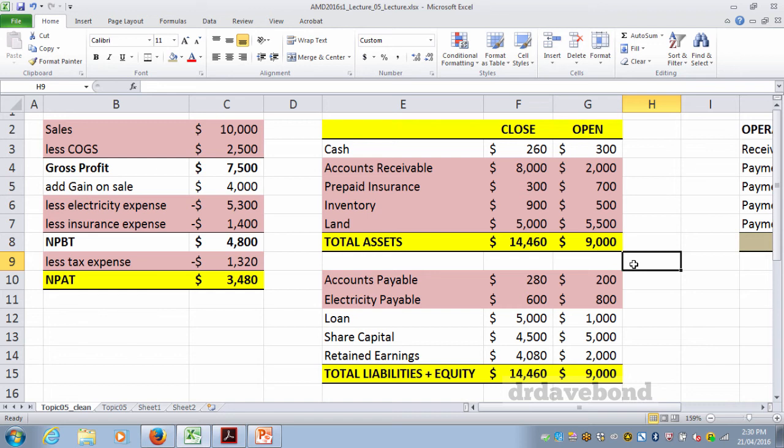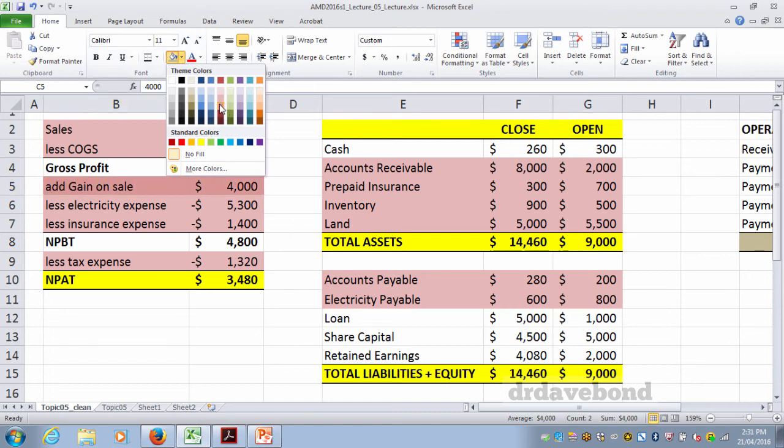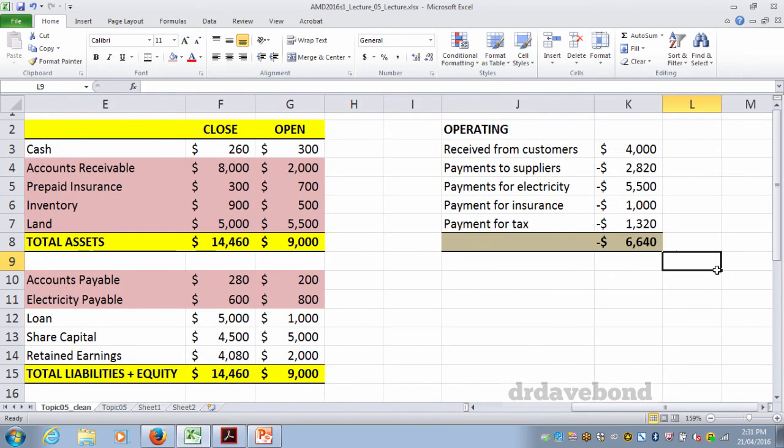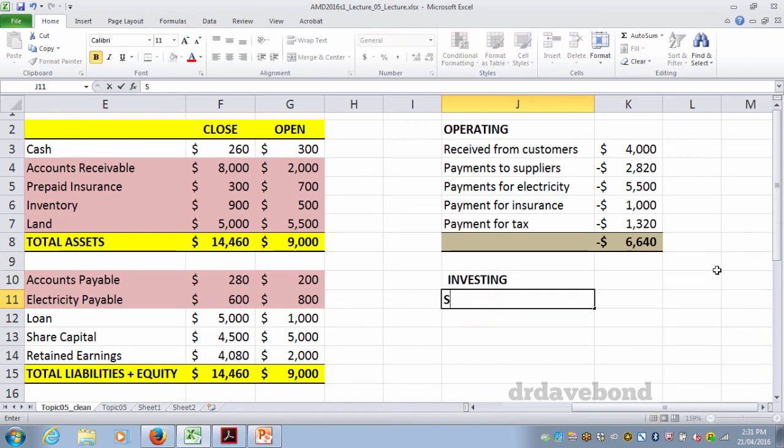So in this case, we have taken account of the land and we've taken account of the gain on sale. And so we'd have investing, sale of land, 4,500.